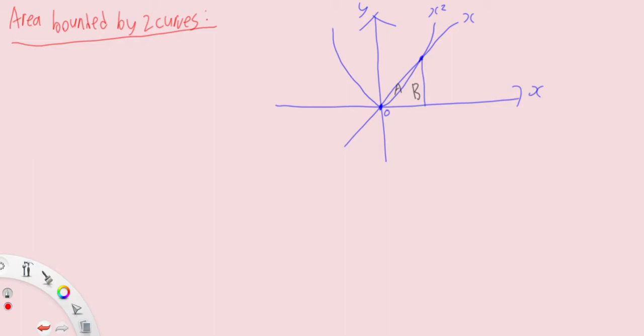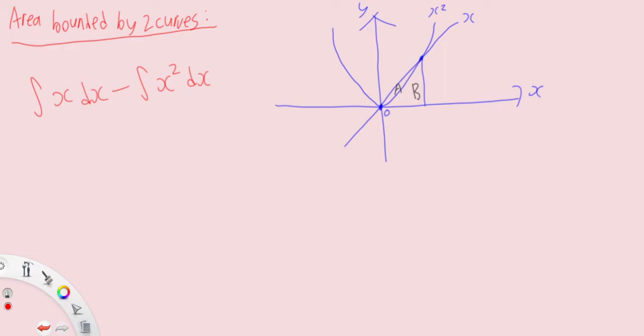As such, what we know is that if the area underneath x squared is B, we just need to take the area from integrating x between the intersection points, minus the area underneath the curve y equals x squared between the two intersection points as well.